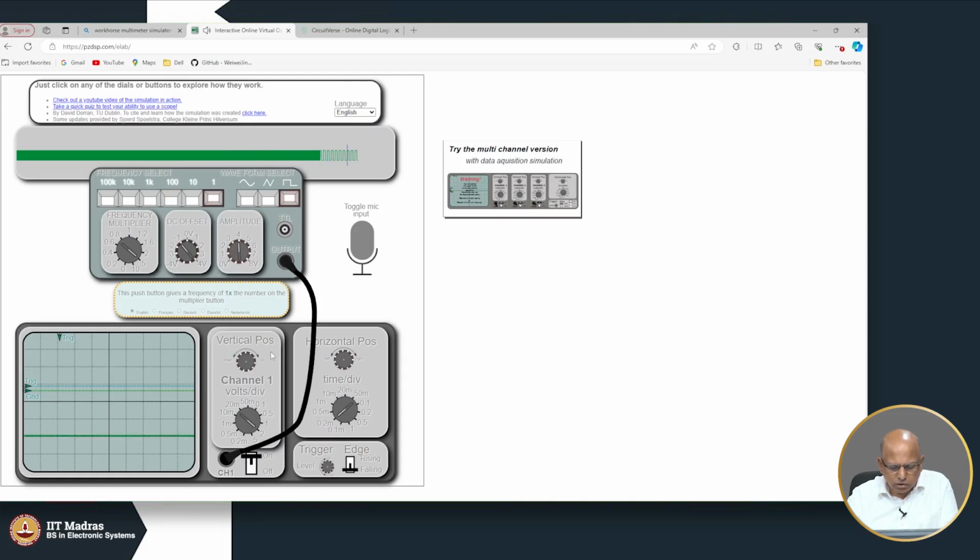1 hertz waveform, right. We were not able to. So, let us see if we can trigger this a little bit. See, the idea is to stabilize this guy.